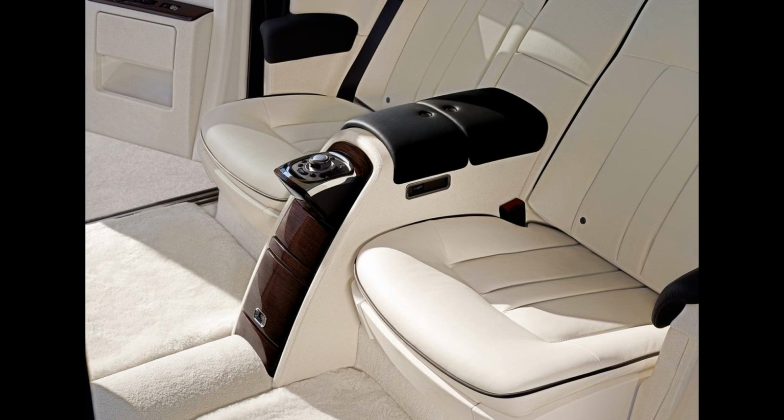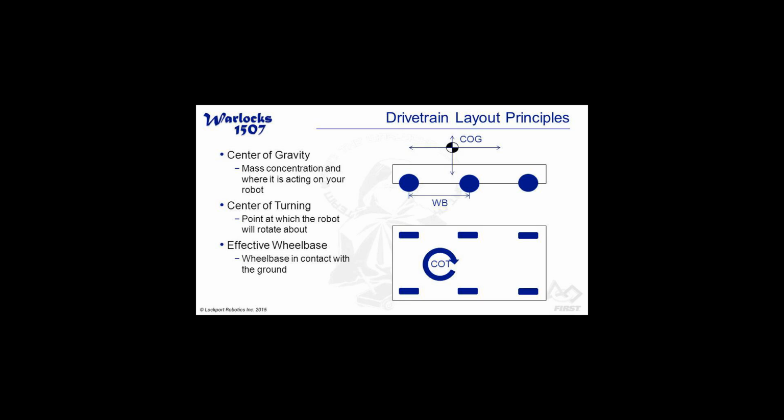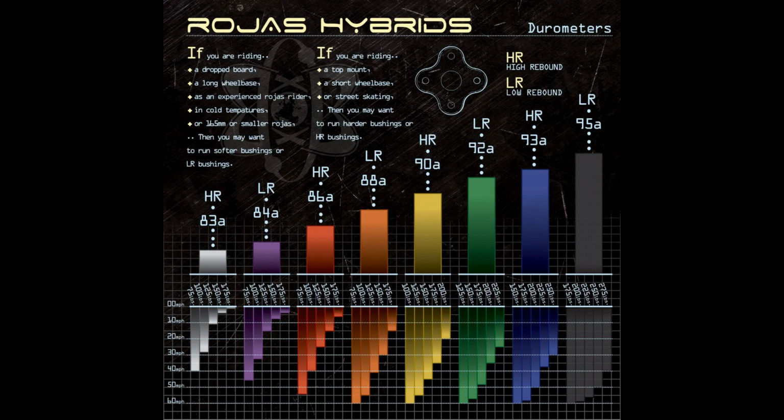D_F is the distance from the center of gravity to the front wheels. D_F plus D_R equals L. M is the mass of the vehicle, and G is the gravity constant.